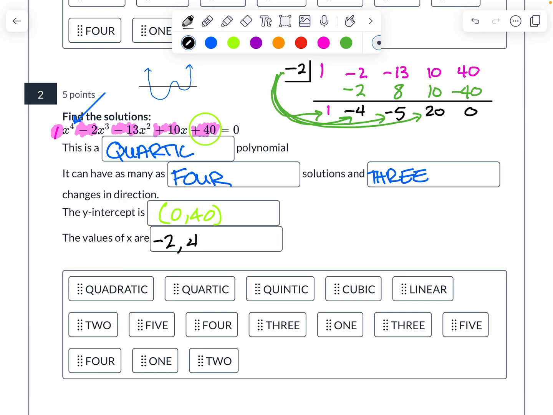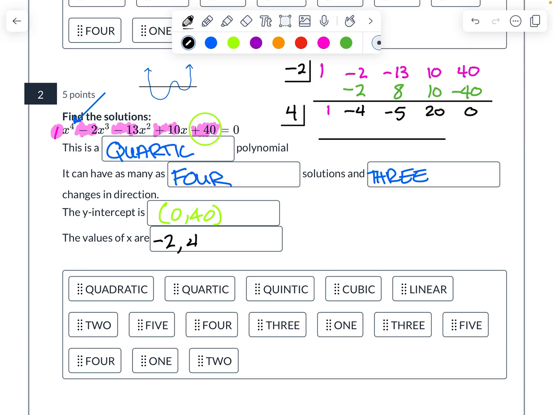Okay, we know our other answer is 4. So we are going to take the number 4 and put it right here in the box, and we're going to continue synthetic division, but only with these numbers right here.